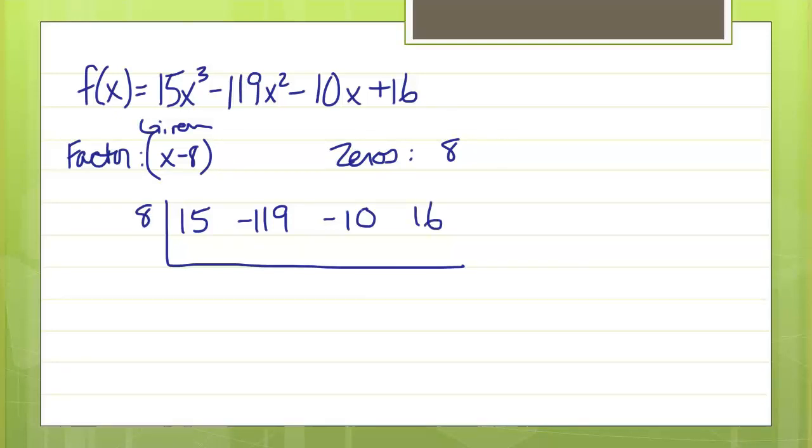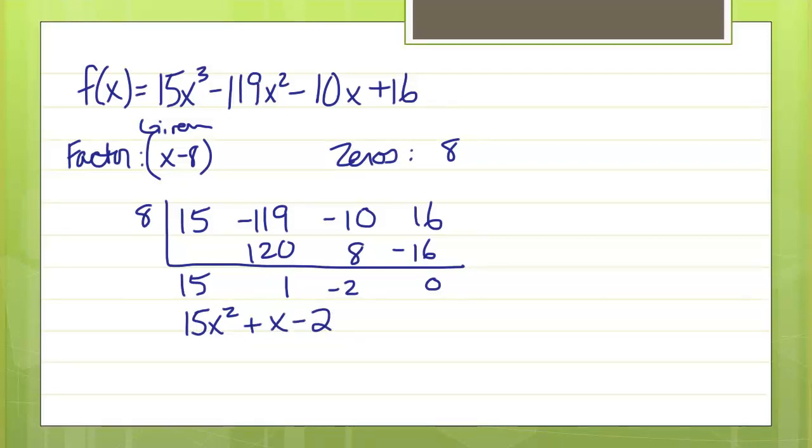Let me use 8. 15 times 8, it's 80 and 40, 120. So that's 1, that makes things nice. So 15x squared plus x minus 2. And again, that's going to be factorable. Because they told me I could factor it; if they had asked for the zeros, I wouldn't necessarily know.